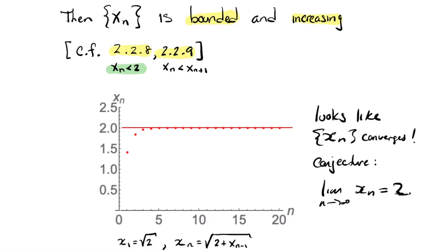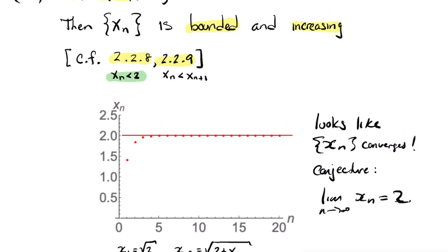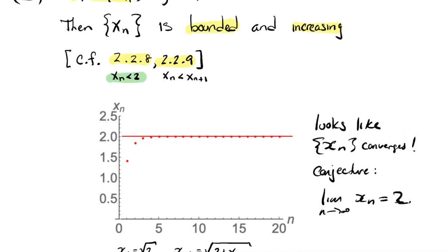So this monotone convergence theorem, I'm going to state it here in a second, but it says that the reason this sequence has a limit is because it's bounded and it's increasing, all right? And this statement about everything being less than 2, a little bit more is true. We didn't prove it in our homework problem, but 2 is actually the sup. It's the least upper bound of all of the values of that sequence.